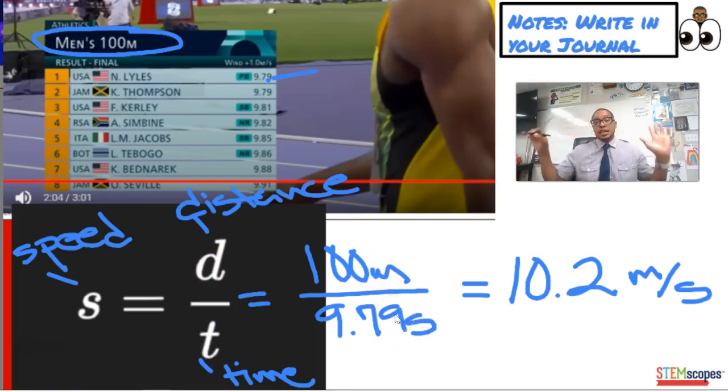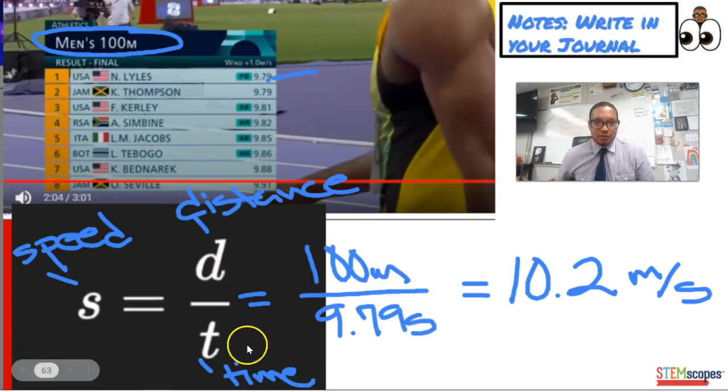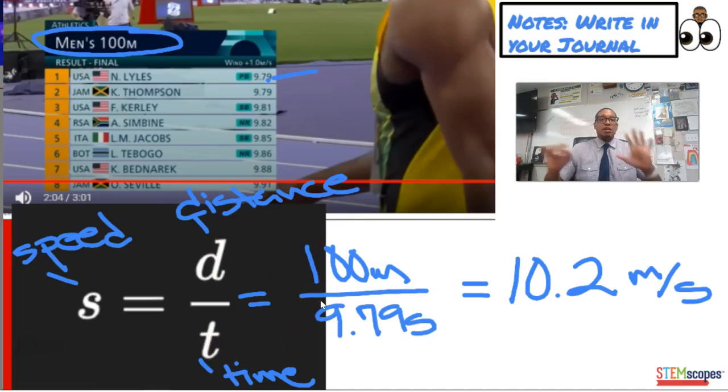You could do any of those things. As long as you have a distance on top, not specified, and a time on the bottom, whatever time increment you would like to use, then you can calculate the speed of an object. And remember, it was the average speed, not the maximum speed, of that entire 100 meters.